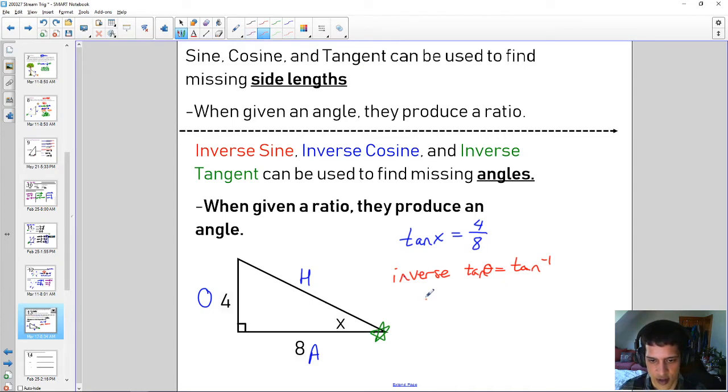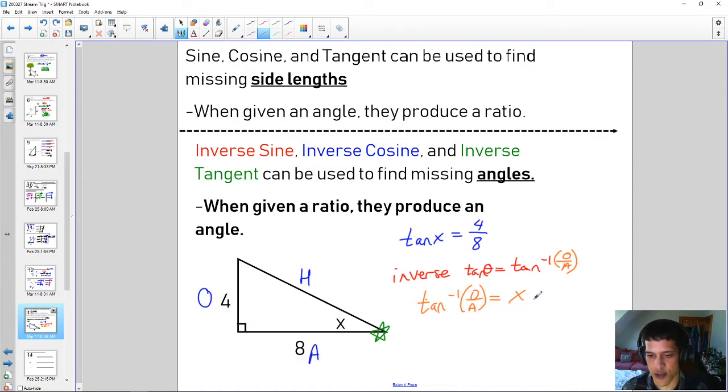We write tan to the -1 of our ratio. Tan is opposite over adjacent, so we write tan to the -1 of opposite over adjacent, the ratio of our sides, is equal to our angle x.